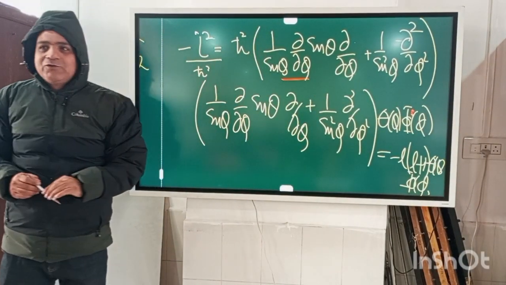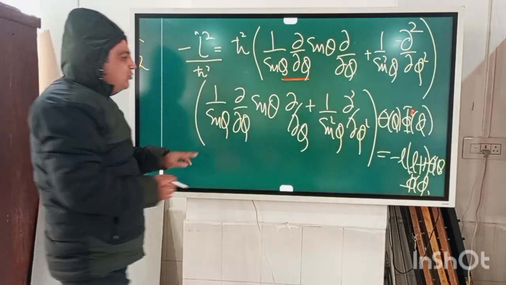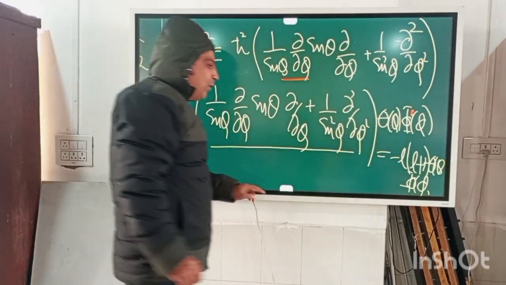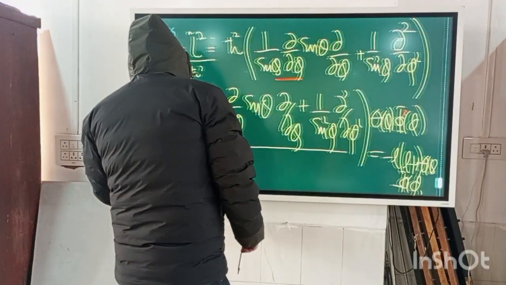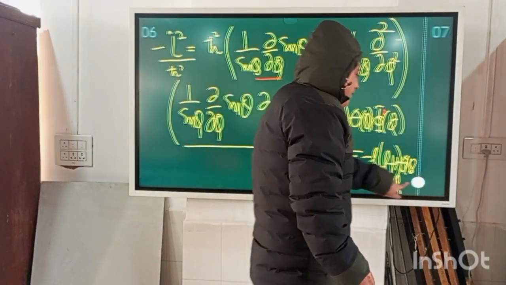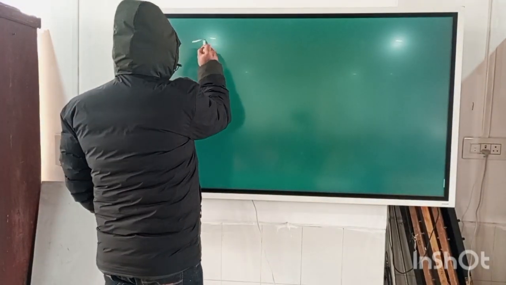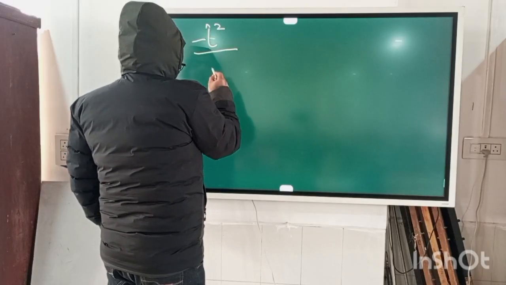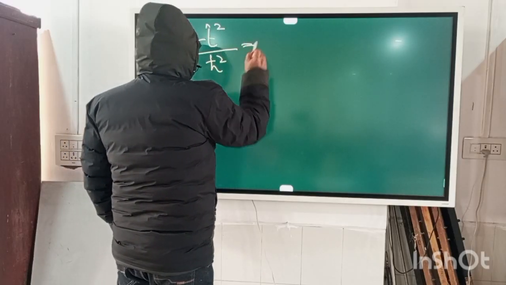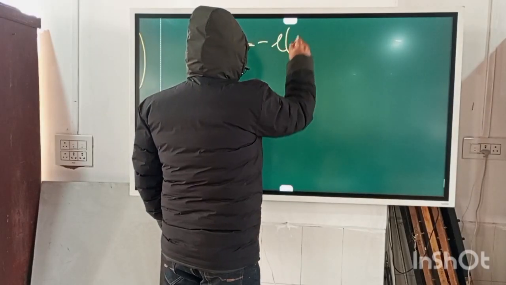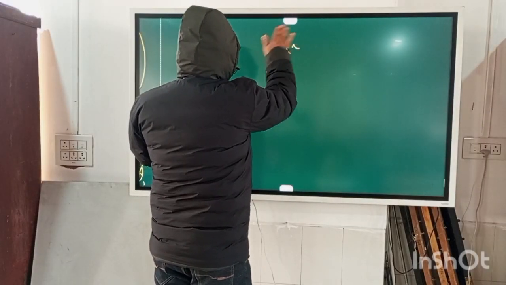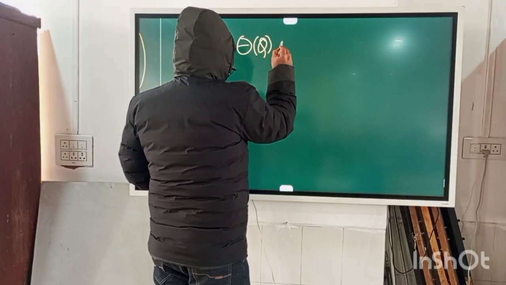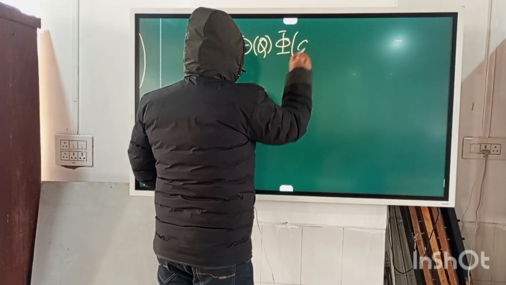square by h bar square, right? So what should I do? Instead of this thing that you have in the brackets, I will write minus L cap square by h bar square is equal to minus L times L plus 1, acting on theta of theta and phi of phi.